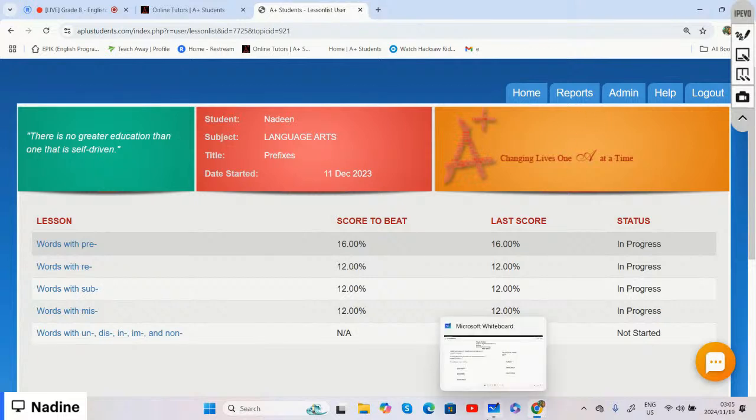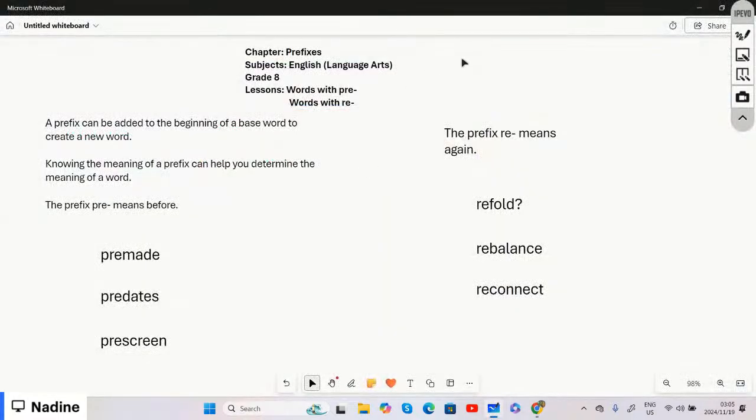So our chapter is prefixes. Our subject is English language arts.